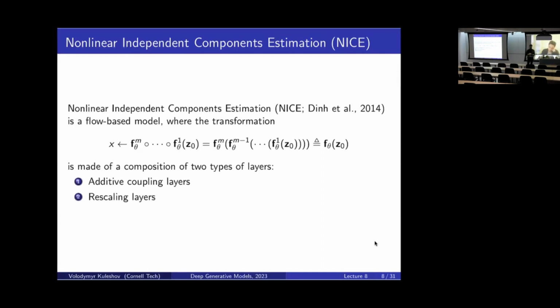What's interesting is going to be the choice of layers that we're going to use. So these Fs are going to be within two types of layers. The NICE model defines what are called additive coupling layers and rescaling layers. And let me explain what these two layers are.